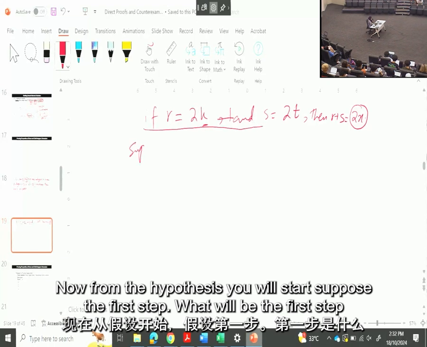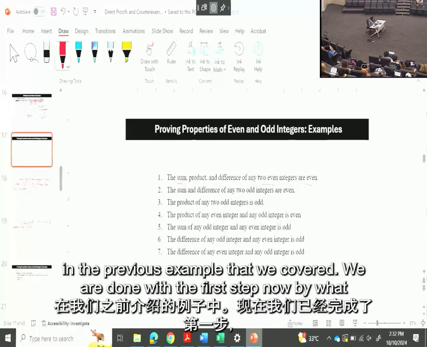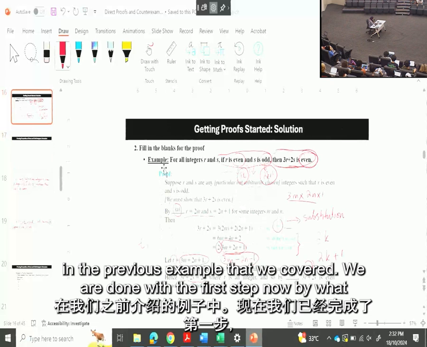Suppose. What will be the first step in the previous example that we covered? We are done with the first step.